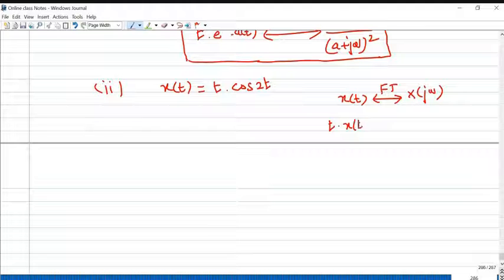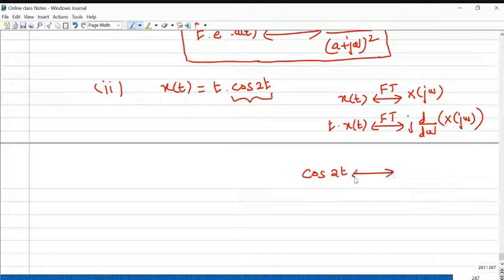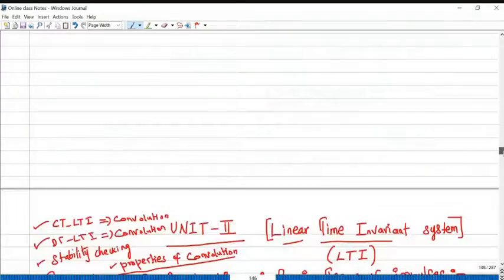Then if you find the Fourier transform of t times x of t, the result should be equal to j into d by d omega of X of j omega. Correct? So in this example, consider cos 2t as your x of t. What is the Fourier transform of cos t? So we have solved it already, right? In the beginning of the classes.